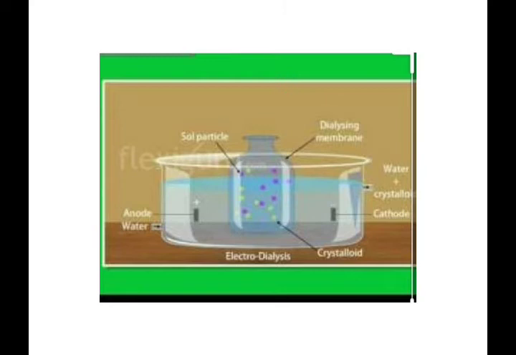Once current is passed, the impurities pass into that water compartment, so that the process becomes quick due to this electric current. So the rate of diffusion of electrolytes is increased by applying electricity. Is it clear?